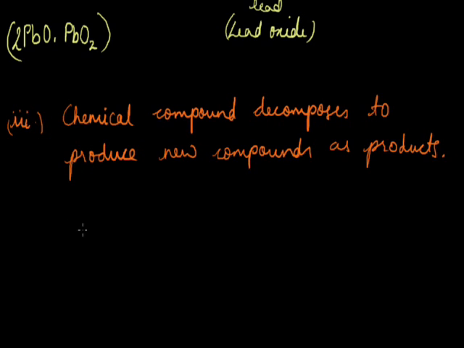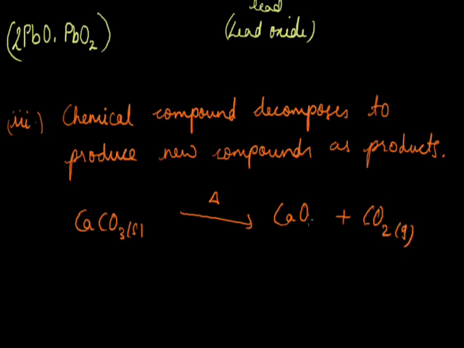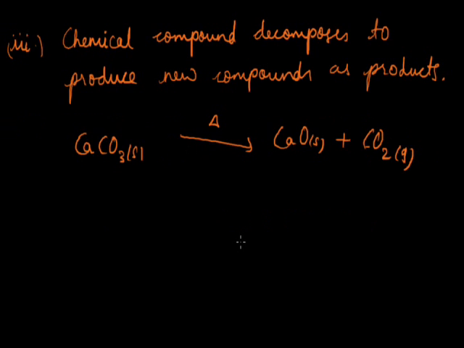Here we'll take the example of calcium carbonate, which on heating will produce calcium oxide and carbon dioxide gas. Here we can see that the reactant and both products are all compounds. So no elemental form is produced on decomposition.